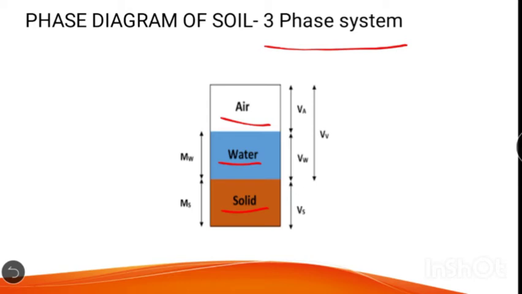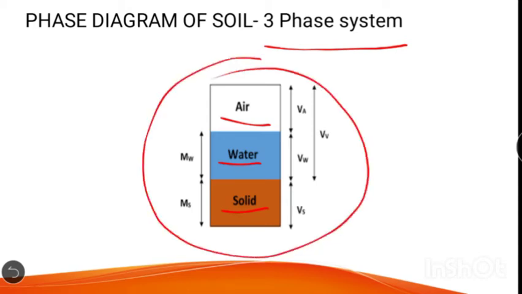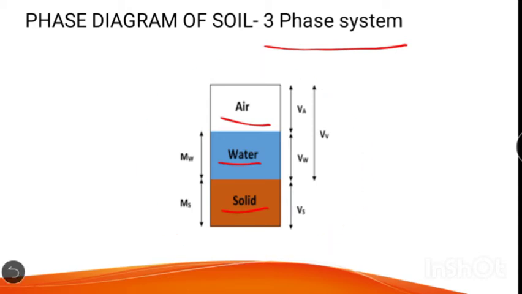What is a phase diagram? A phase diagram is made for our convenience and easy understanding of the soil structure. So what is this abbreviation? It is very simple. V for volume.